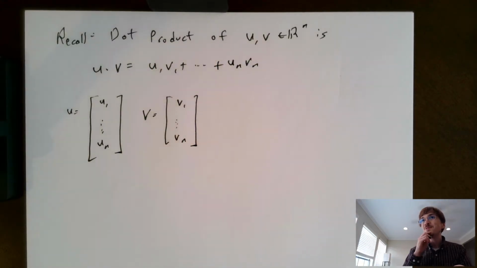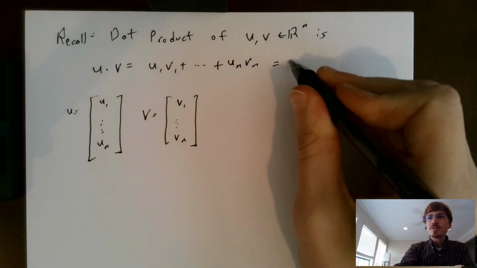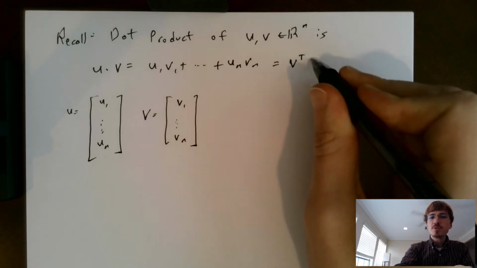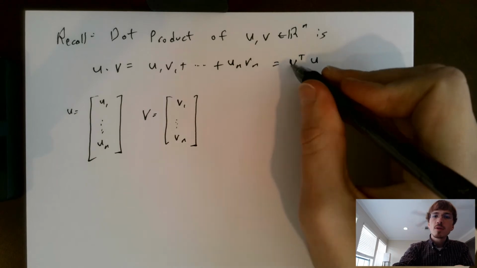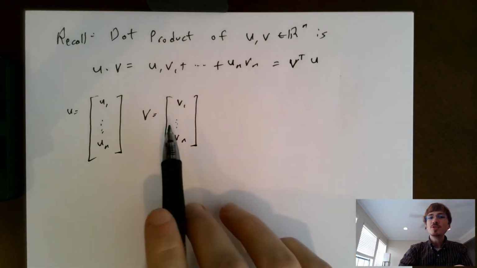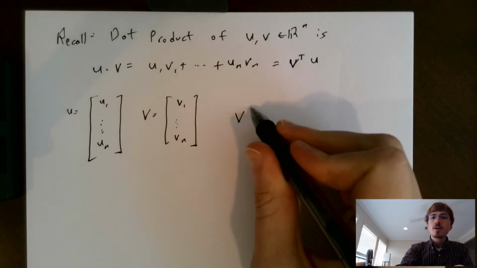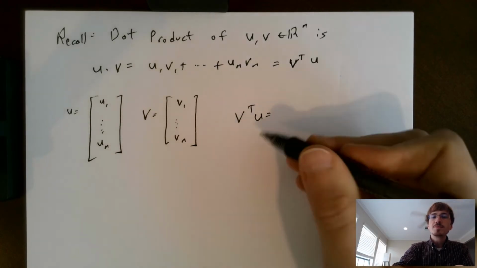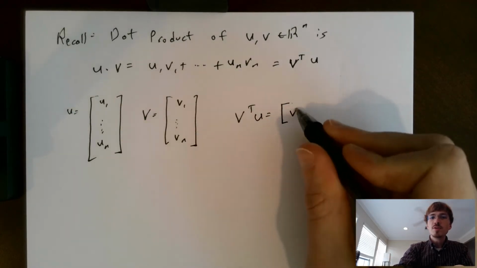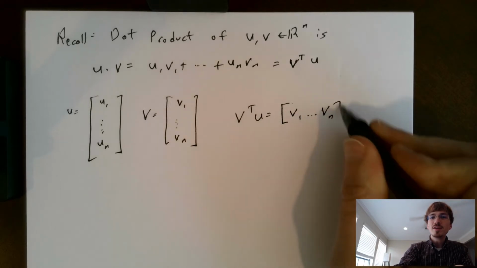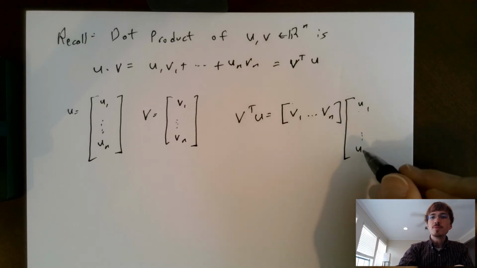But now that we love matrices and matrix multiplication, we can actually write this as v transpose times u. I swapped the order for strange reasons. What's v transpose? Let's see that these two things are the same. V transpose times u is this thing transposed, so it's the row v1 through vn times the column u1 through un.